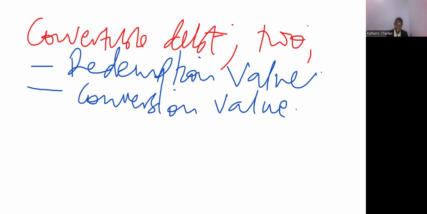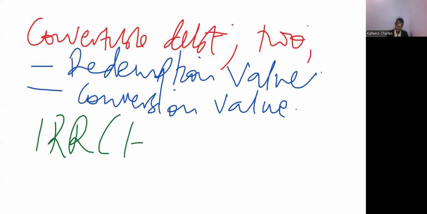Now, what happens if you have those two items? Remember, if a debenture is redeemable, we said we compute IRR. Of course, we adjust it for tax. But now, when you are computing the IRR, in the last year of the project, you always have what we call a redemption value.